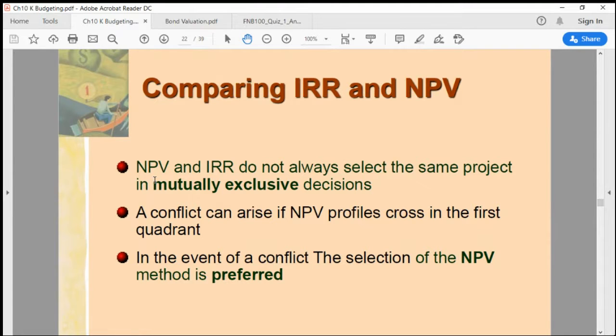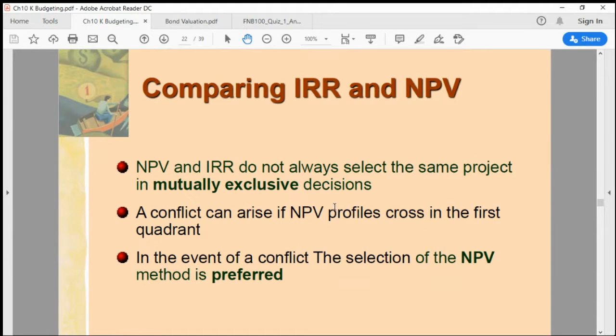That kind of conflict can arise if the net present value profiles of each project, respectively, cross in the first quadrant.